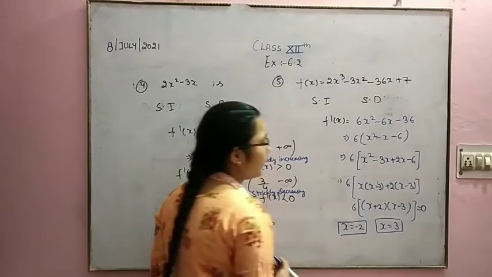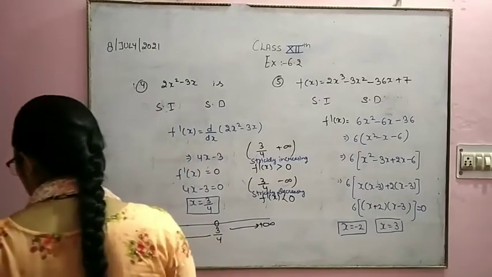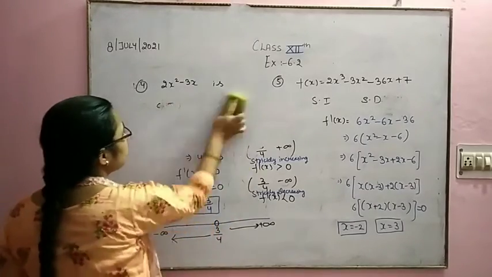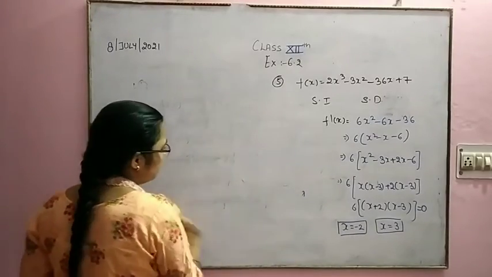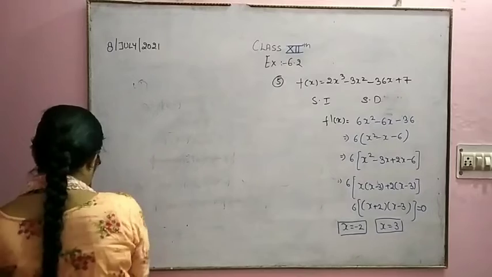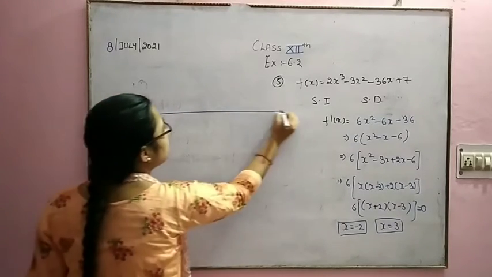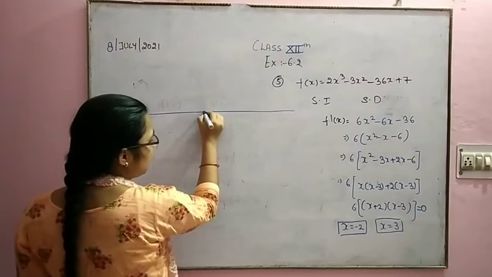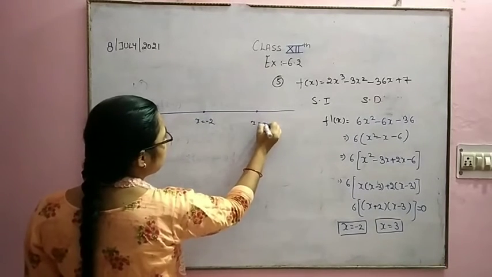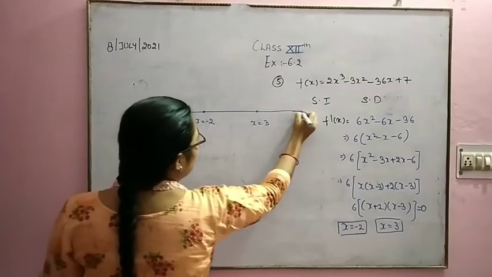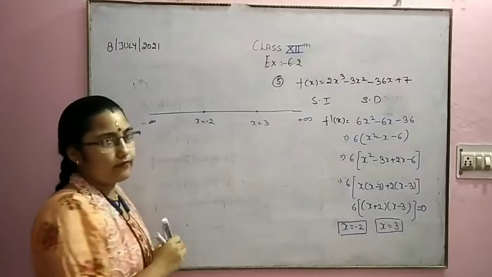Then the next step, locate these points on a number line. Correct? Just draw the number line. Suppose this is x equals minus 2 and this one is x equals 3, and this tends to positive infinity and this tends to negative infinity.